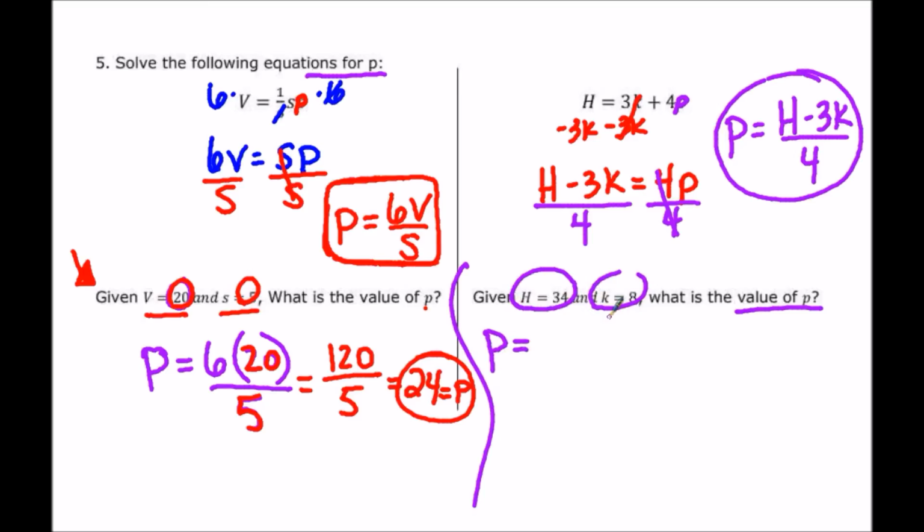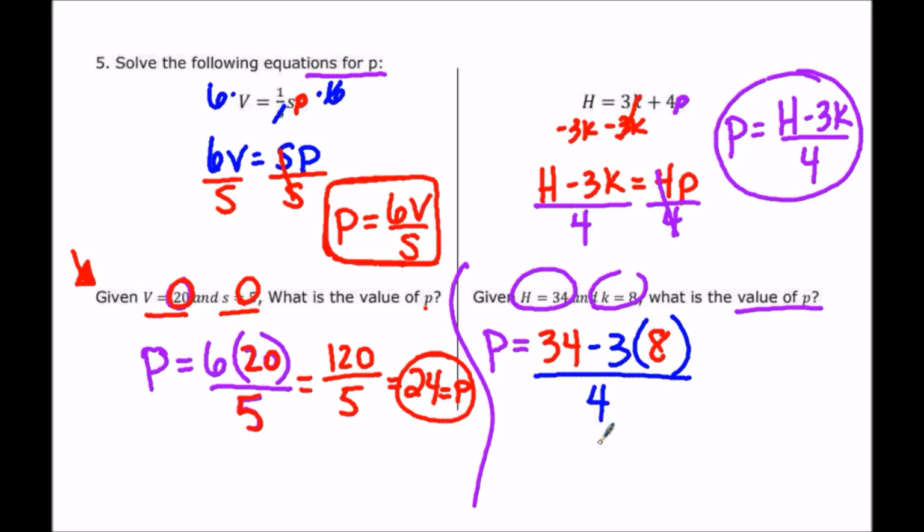So instead of H, I'm going to just replace it. H is 34, here's H, so I'm going to put a 34. All right, minus 3, but this time it says times K, and we're telling you that the K is 8. And then you simply divide by, in this case, 4.